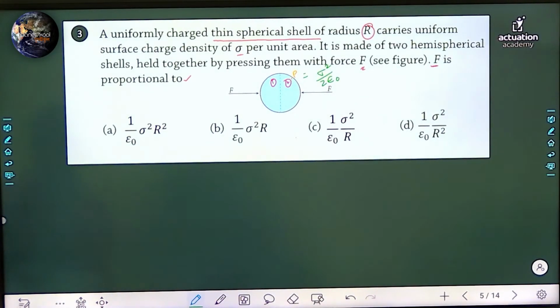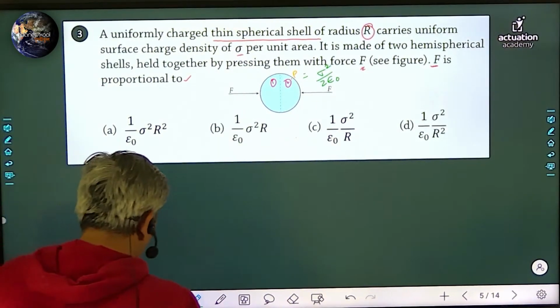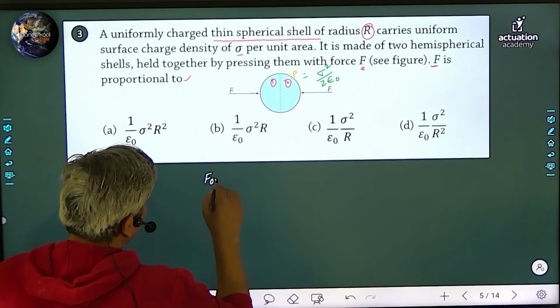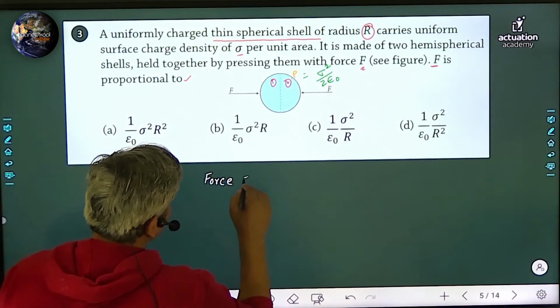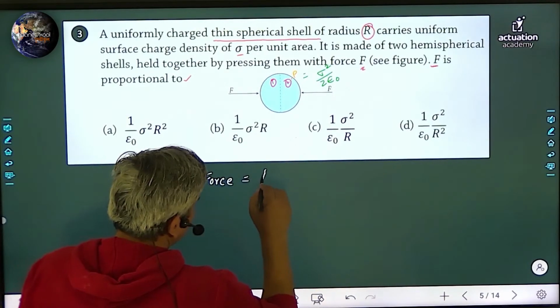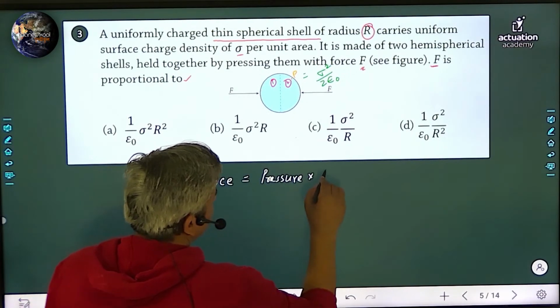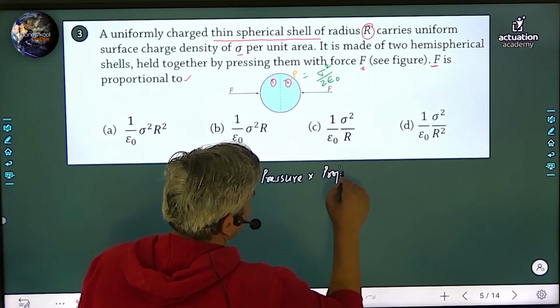Okay, this is this. Now, what is force? Force is pressure multiplied by projected area.